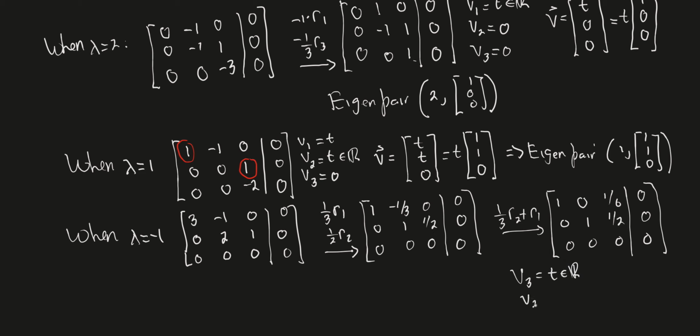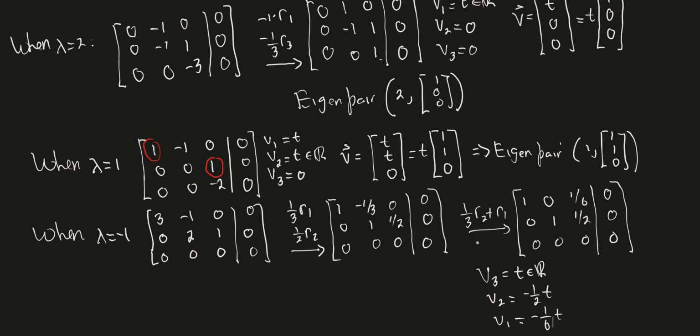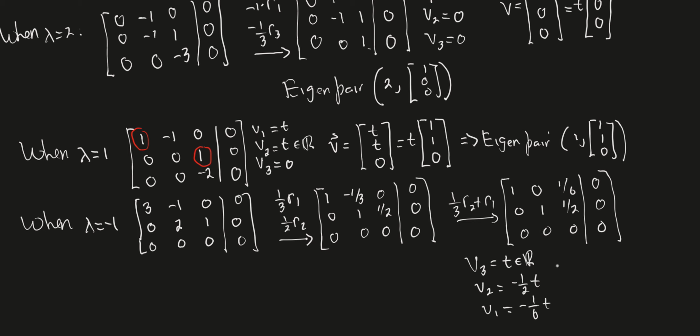That means V2 will be -1/2 t, and then V1 will be -1/6 t. So here is the eigenvector. It's any vector of the form -1/6 t, -1/2 t, and then t.